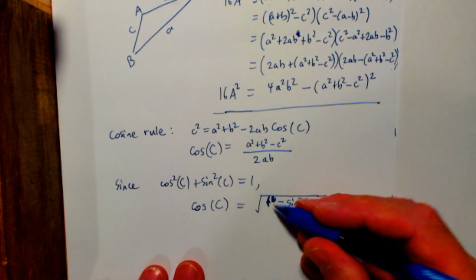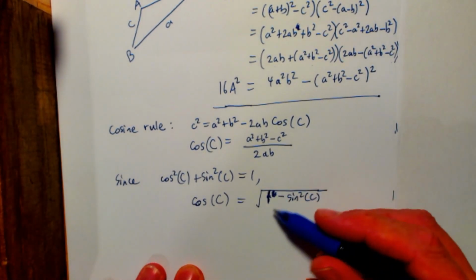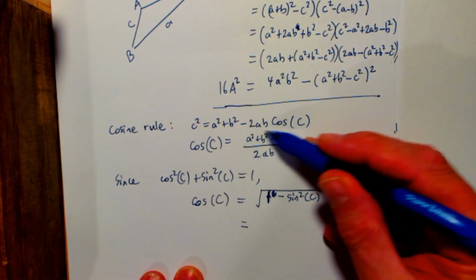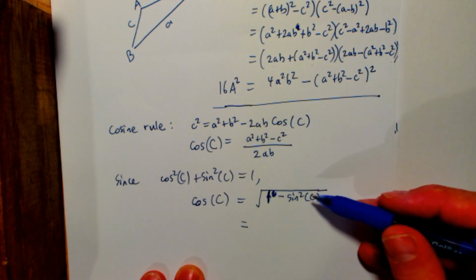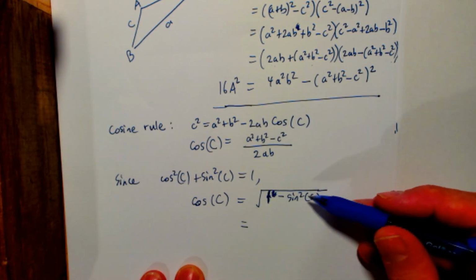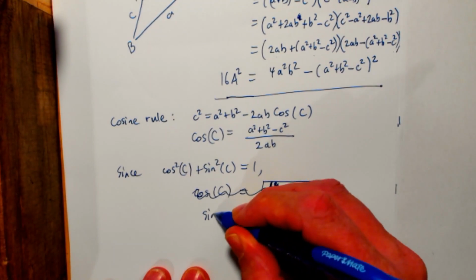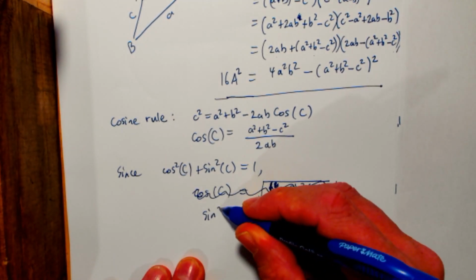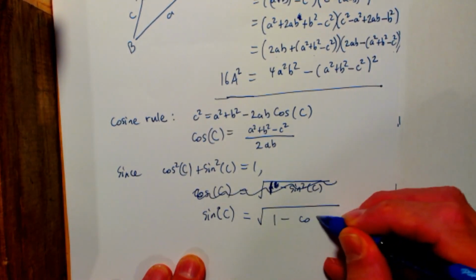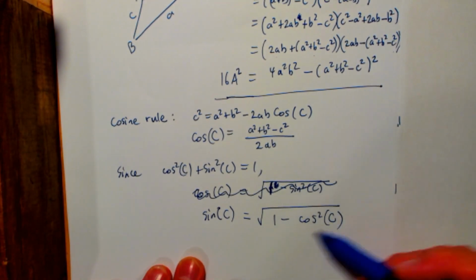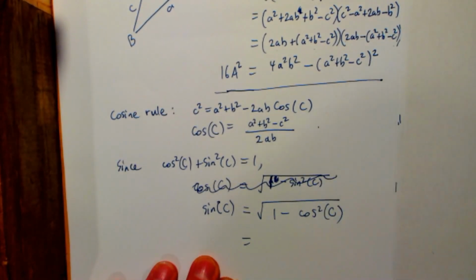Okay, just rearranging this. Hang on, I really want the other way around. So let's get rid of this. What I want is sine of c equals square root of 1 minus cos squared of c. Okay, so this is a rearrangement of this. And so we want to sub this in next.